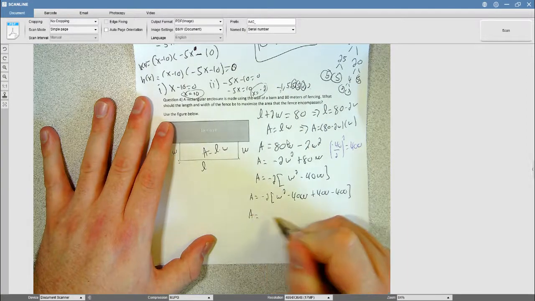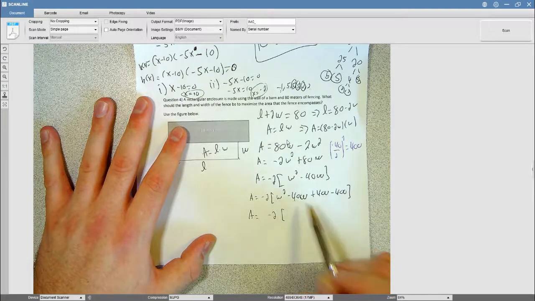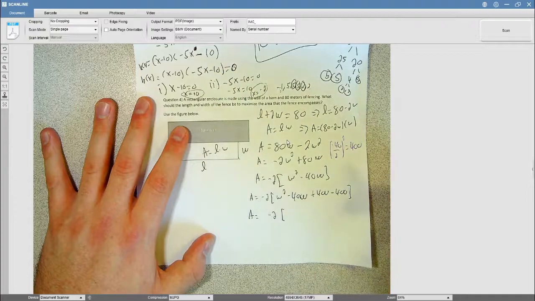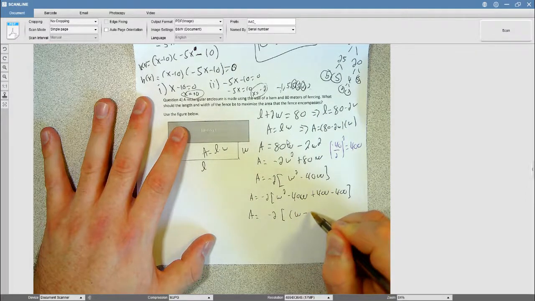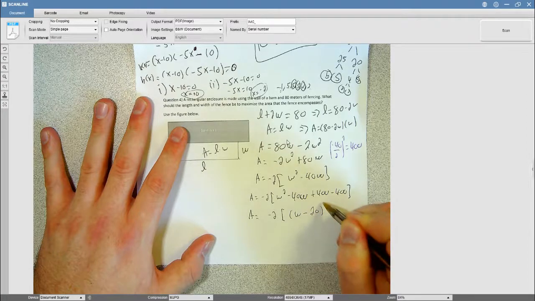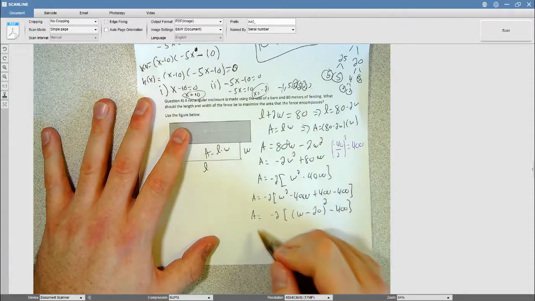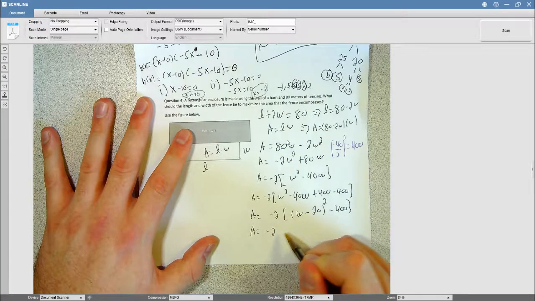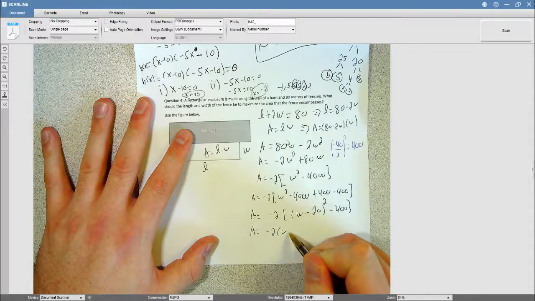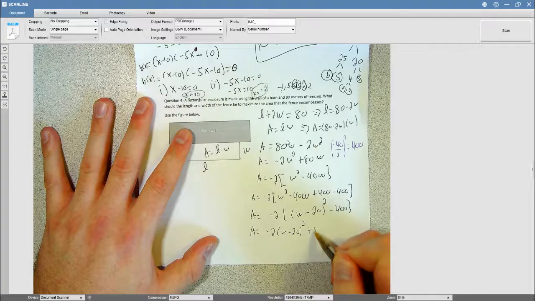And then the question is, what does w squared minus 40w plus 400 factor into? Well, that factors into w minus 20, quantity squared, minus 400. And then we get the area equal to -2 times w minus 20, quantity squared, plus 800.